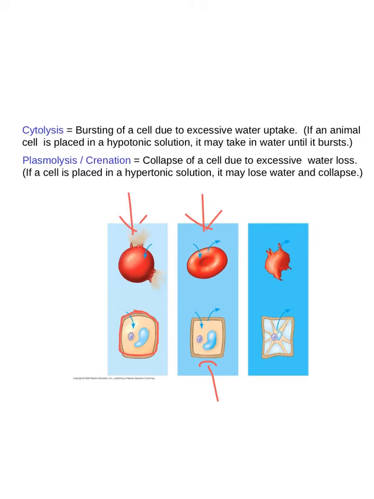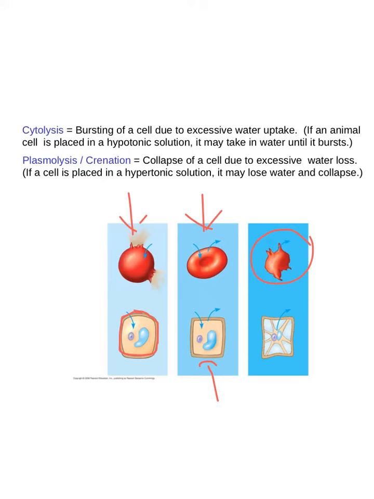But that means there's less concentration of water in solution than there is in the cell. So water will move from high concentration inside the cell to a lower concentration outside the cell. The cell will lose water, and if you happen to be an animal cell like this little red blood cell, it's going to shrivel up, shrink, and collapse.